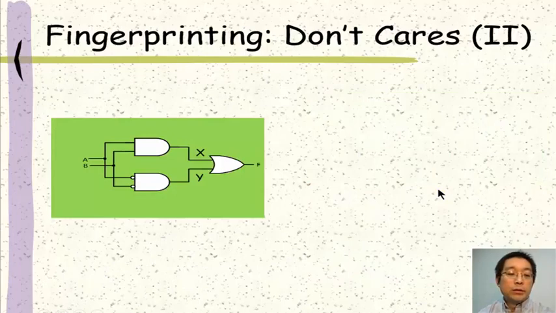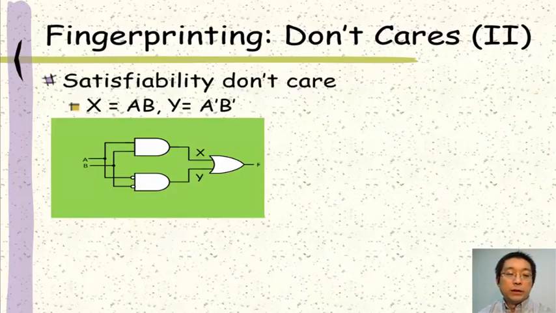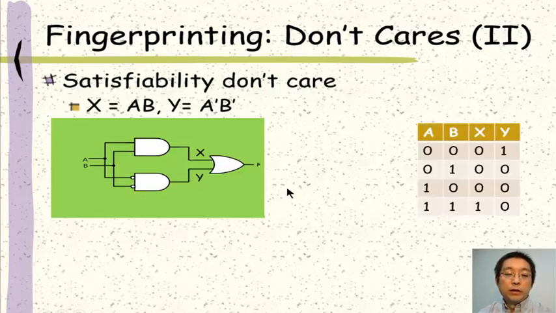The next example is on the satisfiability don't care. In this circuit, X equals A and B, Y equals A prime and B prime. From the truth table, we see that X and Y cannot be 1 at the same time.